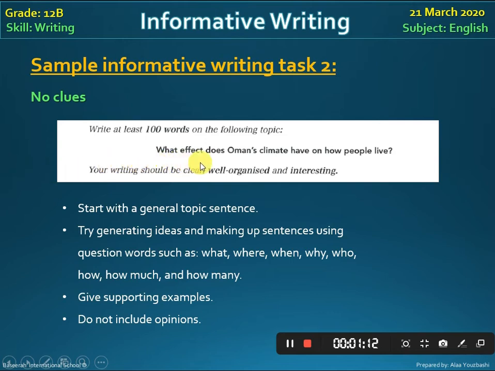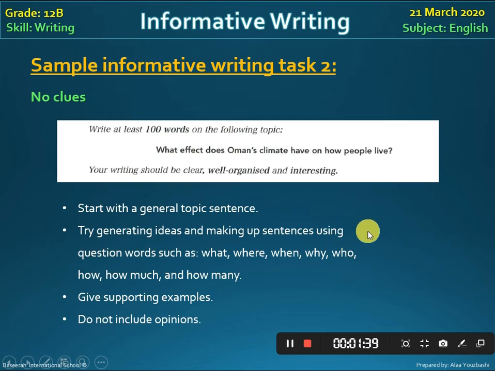Now, how can I answer this? To answer this, I need to start with a general topic sentence. So here they are saying, what effect does Oman's climate have on how people live? So the first sentence that I should start with should be about Oman, about how good or how beautiful the weather in Oman is. Just a very general sentence. Next, I need to start generating ideas and making up sentences. How can I generate ideas?